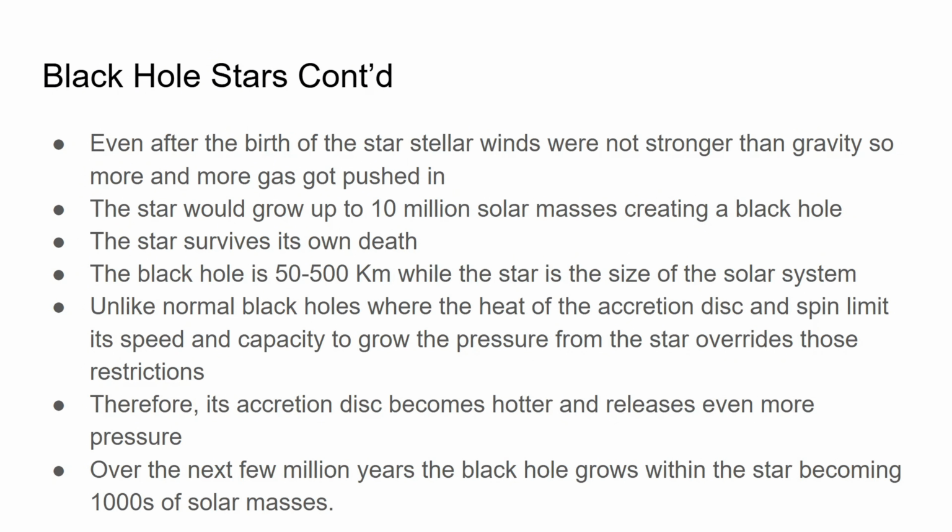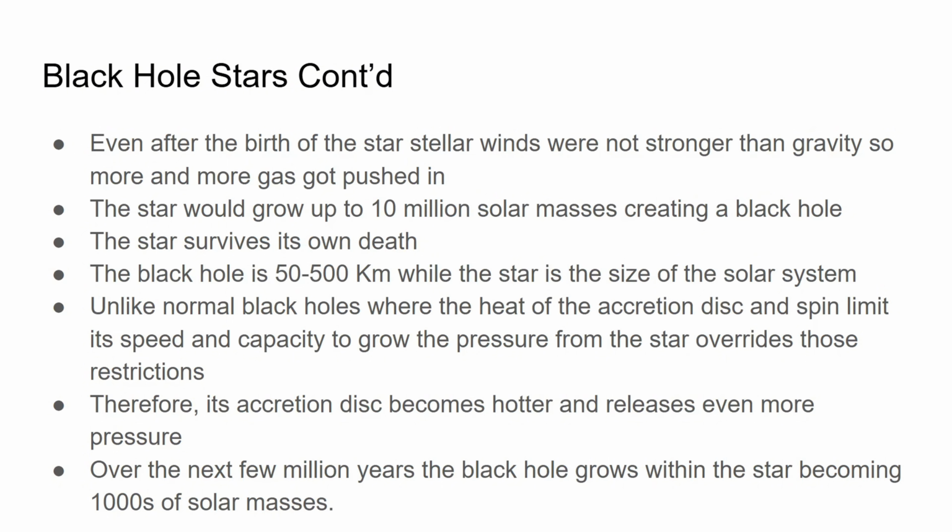So much so that even after the birth of these stars, the winds were not stronger than the gravity, so more gas would be pushed in, just making the star bigger and bigger. The star would be up to 10 million solar masses, and at that pressure, the core would actually collapse into a tiny black hole.